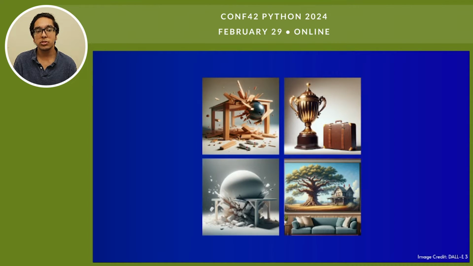But the fourth one surprised me by far the most. The phrase I used was, "The painting in Mark's living room shows an oak tree. It is to the right of a house." This is a very complex sentence. It's probably a little bit confusing even for humans, because it refers to several objects and their relative positions.